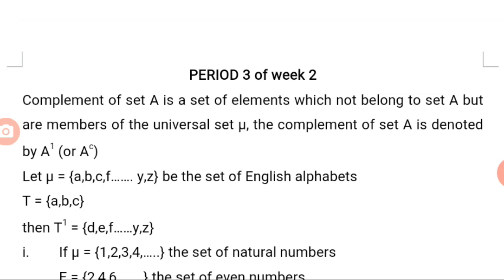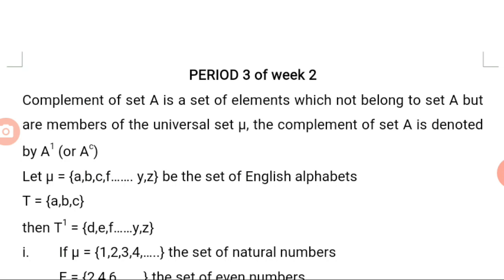Now, complement of set A is a set of elements which do not belong to set A, but are members of universal set U. The complement of set A is denoted by capital A with 1 on top, or you can write capital A with C on top.